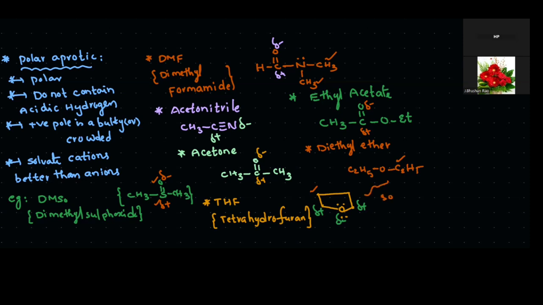Oxygen gets the partial negative, and the adjacent groups get the partial positive charges, that is, the carbon atoms. Here carbon gets the partial positive. So these are the polar aprotic solvents. These are very, very important.